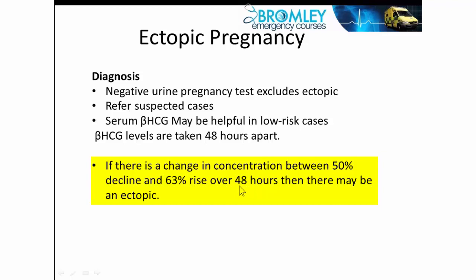If it's risen more than 63%, then it's an ongoing pregnancy. But between those two figures, then you have the possibility that it's an ectopic. So if it hasn't fallen below 50% and it hasn't risen above 63%, it could be an ectopic.